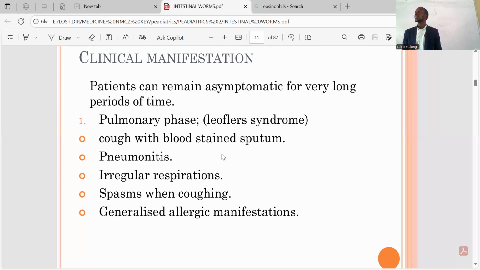Why would there be inflammation? It is because of the irritation caused by the movement of the worm or the larva through the lungs. That movement results in irritation, and that will cause inflammation.